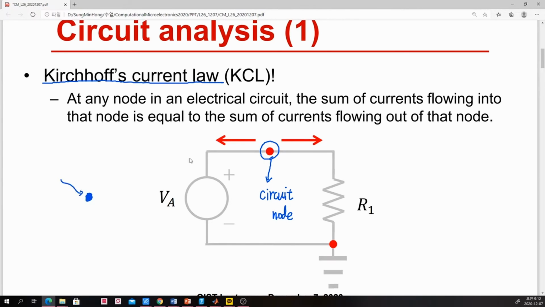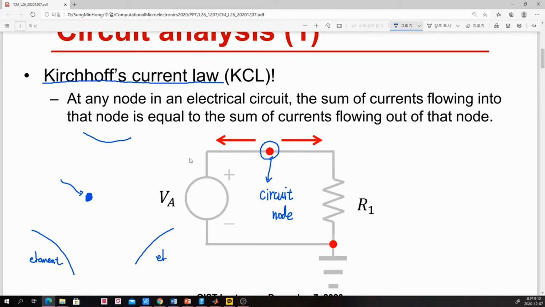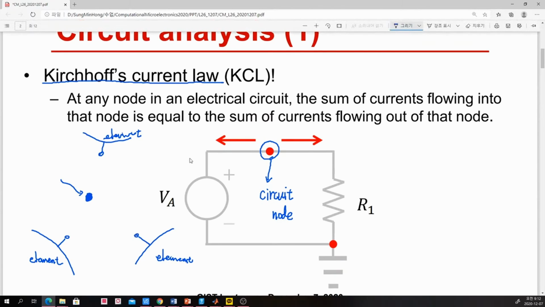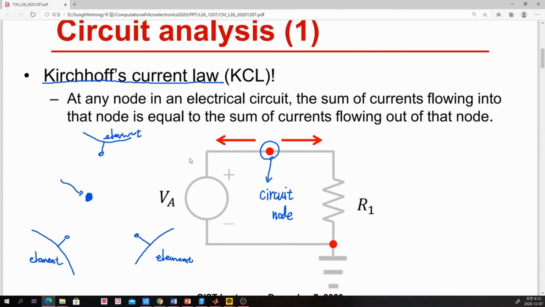Here we have a node, and here we have a circuit element, and another element, and another element. Each element has terminals. A branch simply means the connecting line which connects the circuit node and an element terminal.